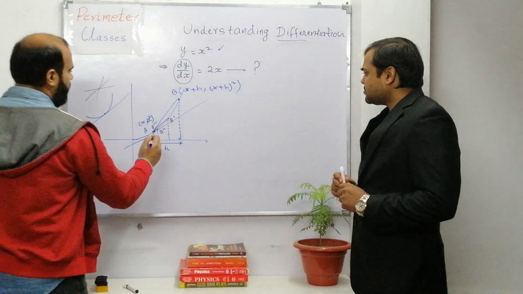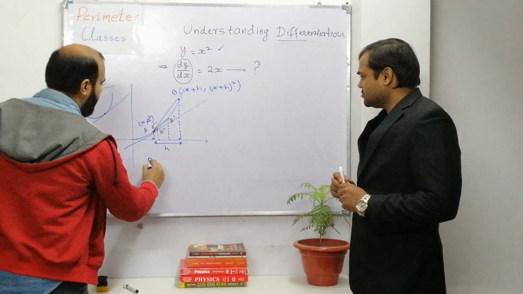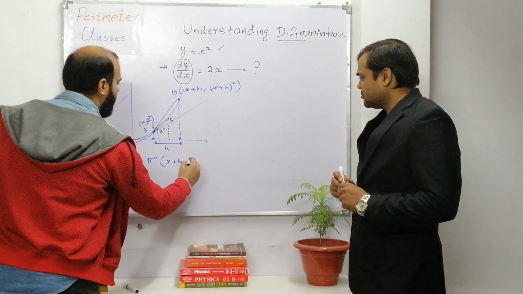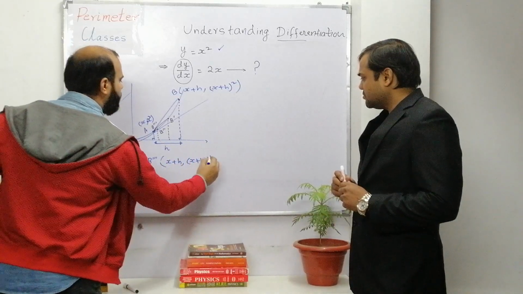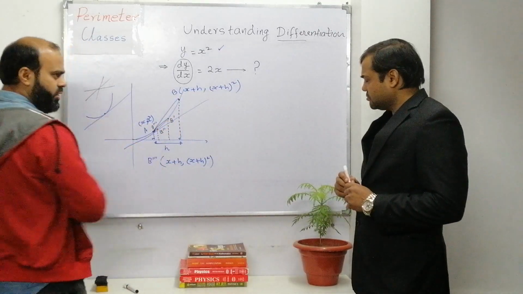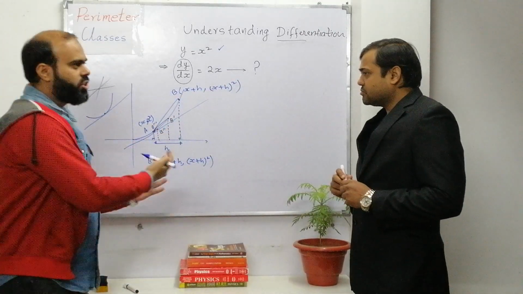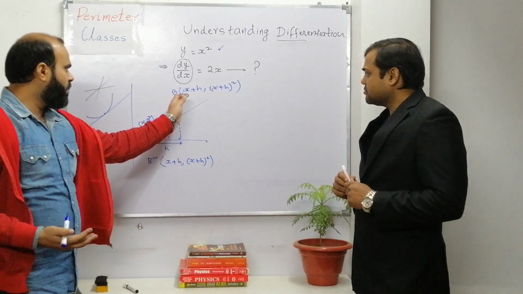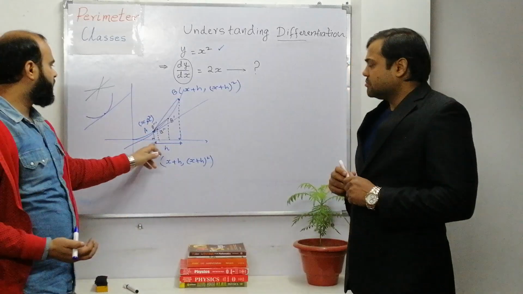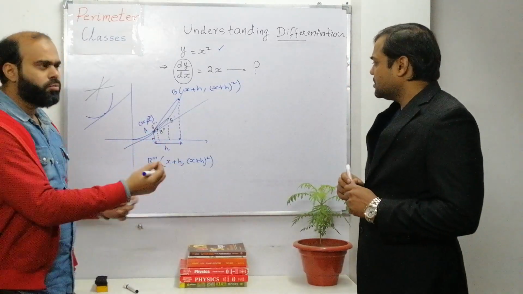So basically, the final point B triple dash which we have is x plus h comma x plus h whole square. Obviously here x plus h was different, here it is different, again here it is different. So what is changing basically? If we are making this B come closer to A, eventually we are trying to make this h very small.